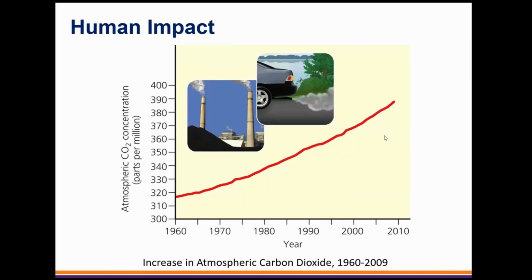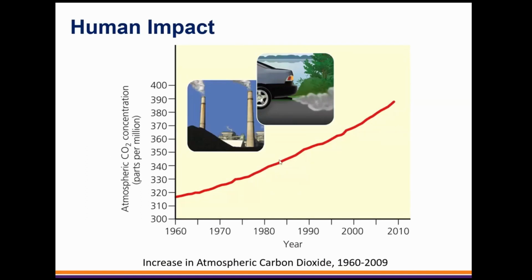Some of the extra carbon dioxide produced by human activities can be taken up by plants or absorbed by the ocean, which is then converted to limestone. But this process is slow. It cannot counteract the increase of carbon dioxide in the atmosphere. That is why the atmospheric carbon dioxide level has been rising and continues to rise.